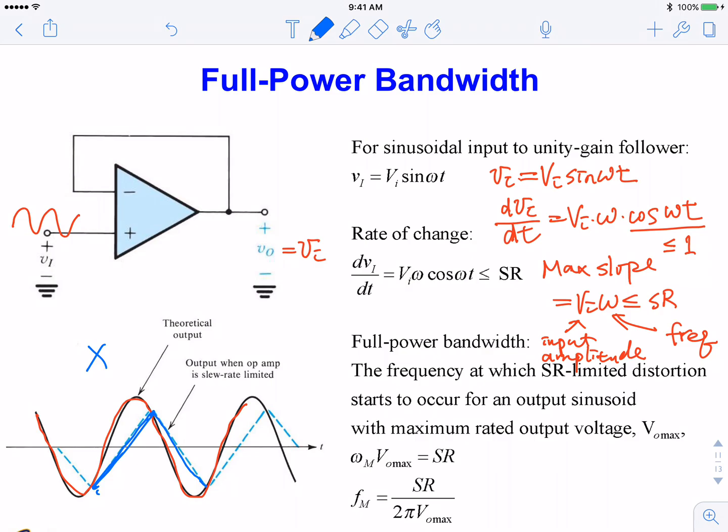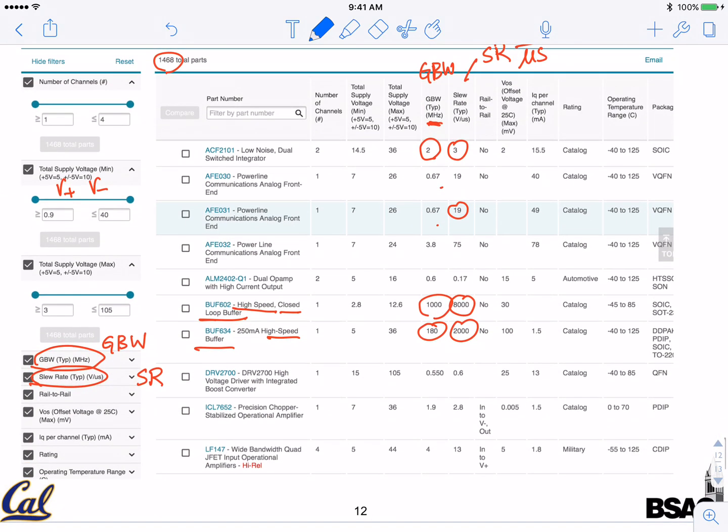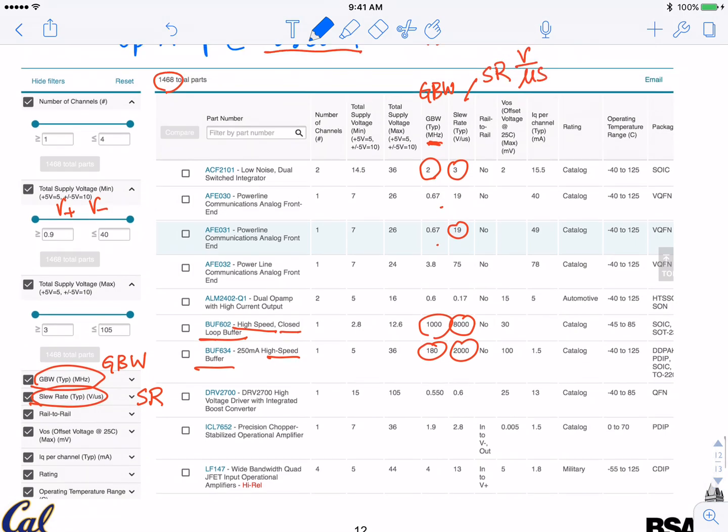Okay. So the key takeaway is to choose an op-amp that fits your application. There are so many you can choose from, and almost always, unless you are really at the cutting edge, dealing with signals much faster than anybody else, you can find a component you can use.